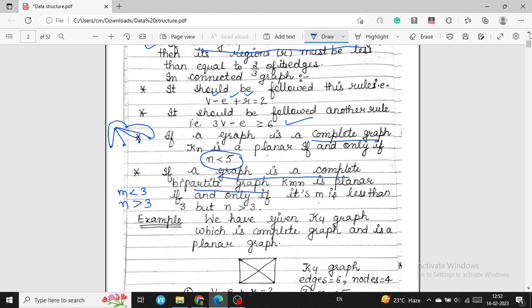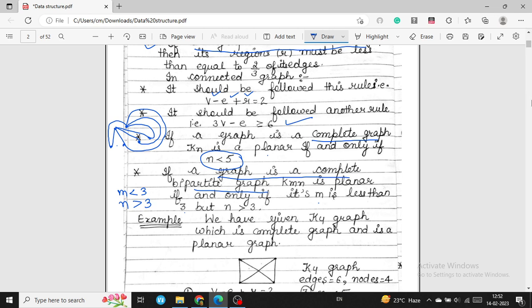Less than 3 and greater than 3 means you can take it like this, or you can take it like this. You can see here no edges cross each other. So that's why we can say this is a complete bipartite graph, which is a planar graph.